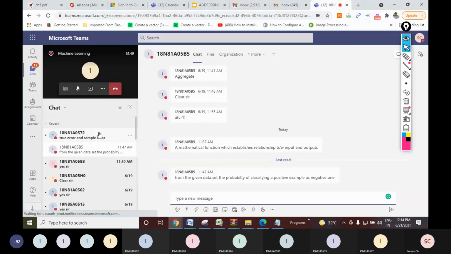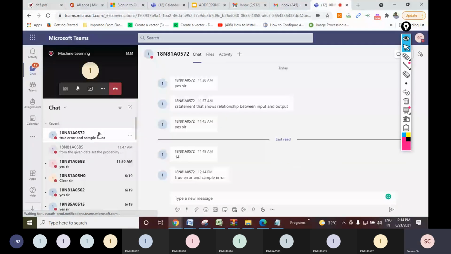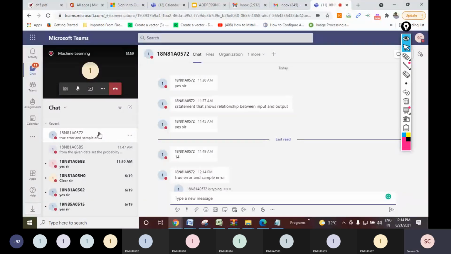Yes, true error and sample error. Okay, what will I do with true error and sample error? Will there be the same sample error for H1 and H2?